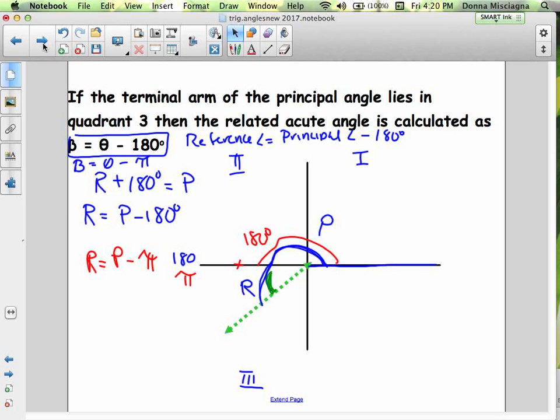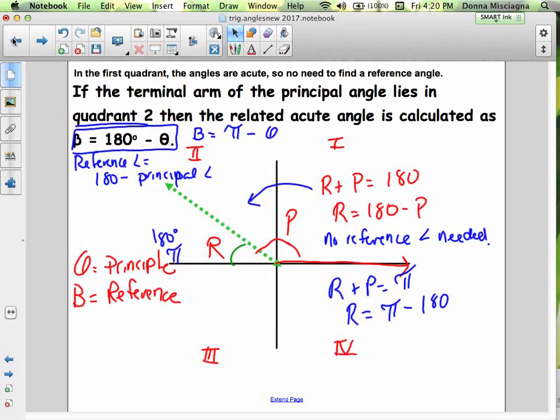Oh, and I forgot to mention what to do when we're in radians. I think it's listed up here. Oh, there it is, right below it. So notice here, right here. So here's for radians. The reference angle plus the principal angle equals pi.